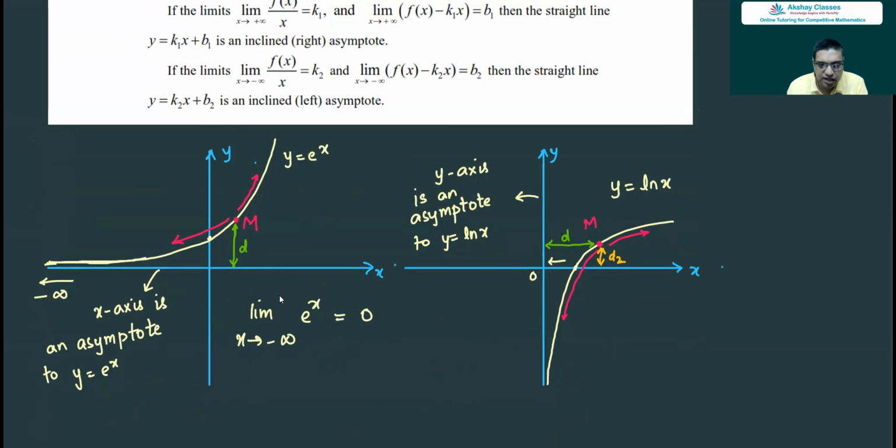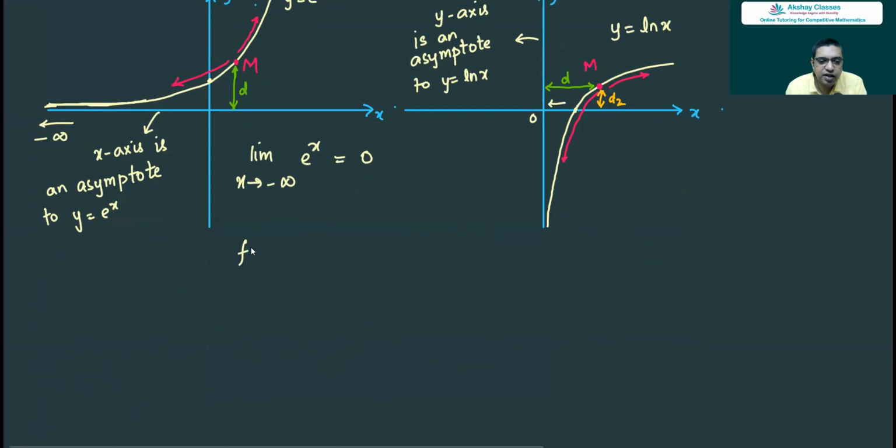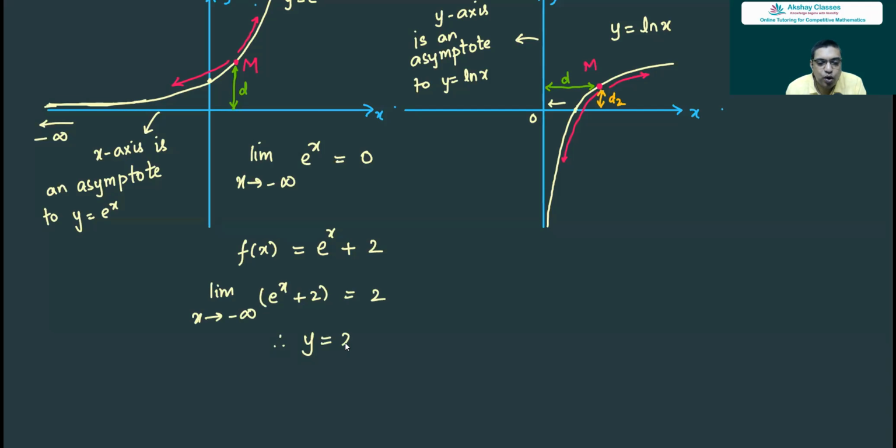Now we can change it. If we consider the function f of x equal to e power x plus 2, then what happens? Limit x tends to minus infinity of f of x, e power x plus 2, will be equal to 2. Therefore, in this particular case, y equal to 2 is the asymptote.